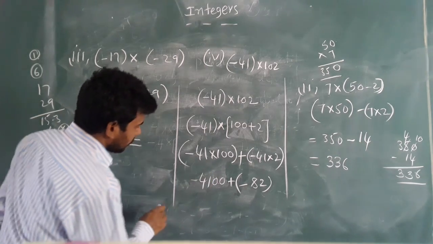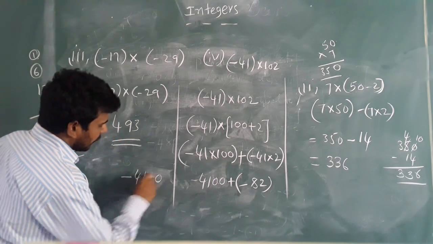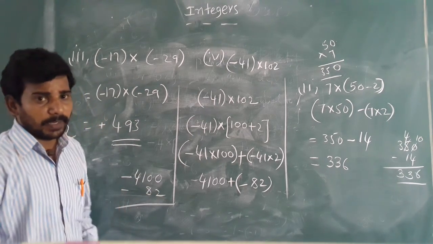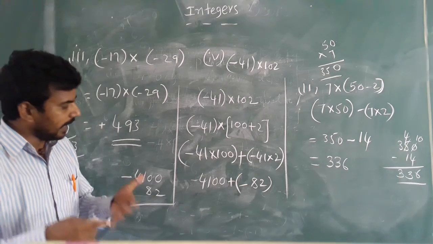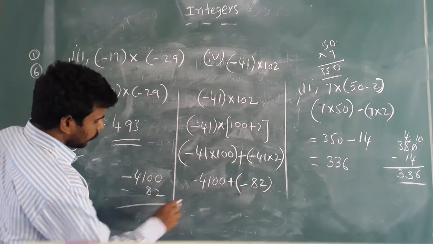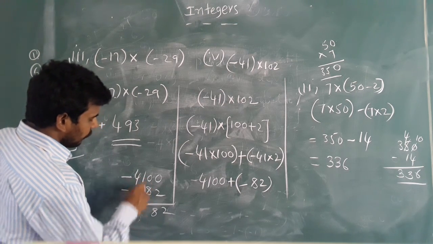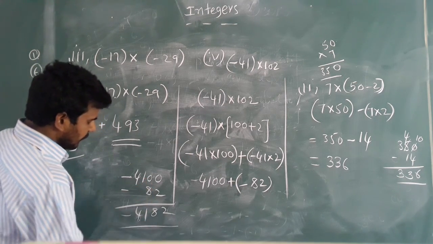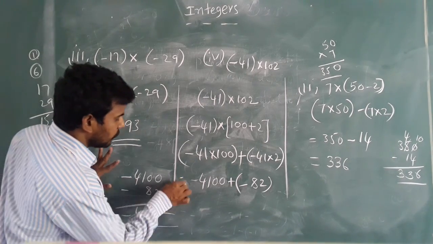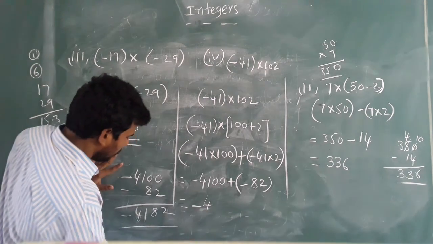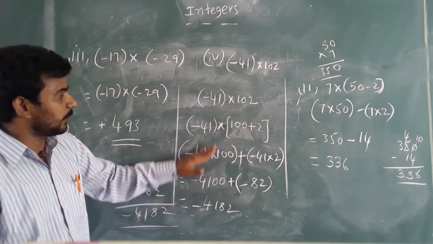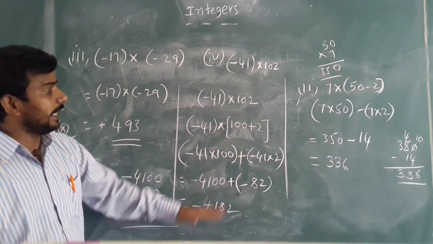So do here minus 4100 and minus 82. Negative addition, so the result is also a negative number. 0 plus 2, 2, 0 plus 8, 8, 1 4. So what is this answer, children? Minus 4182. This answer is minus 4182. This property is distributive property under addition.